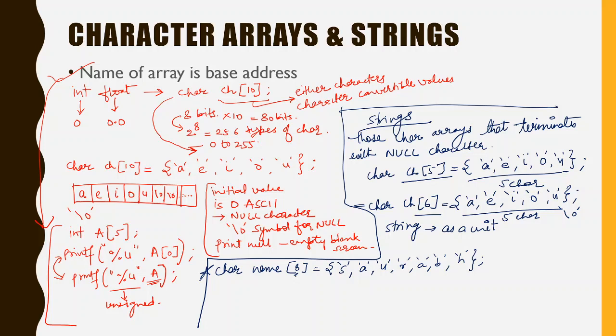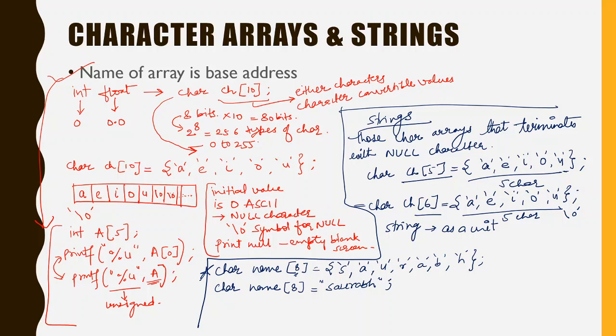There are other methods available to declare character arrays, or I can say strings. You can simply write name[8] equals, and a string is always written in double quotes. If you write something in double quotes, it is automatically taken as a string.